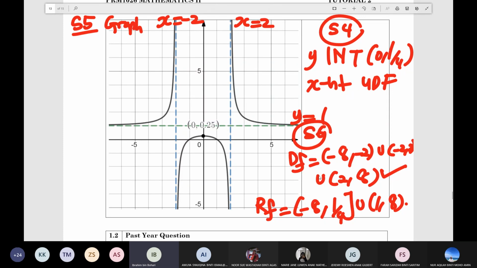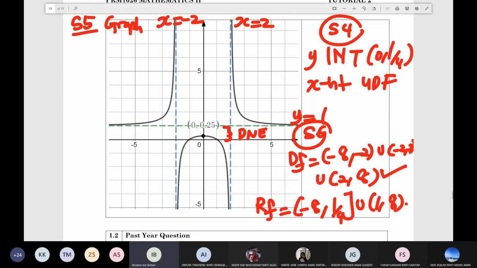And the range of the function: negative infinity to 1 over 4 using the semi-open bracket, union 1 to positive infinity. Between 1 over 4 and y equals 1, the graph of the rational function does not exist. So between these there is nothing, it is just empty, yeah.